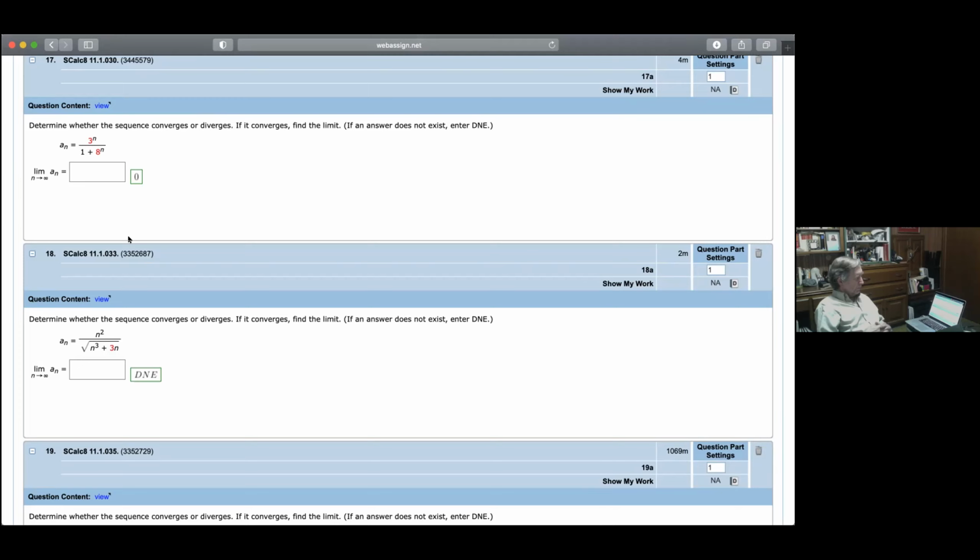That's going to go to 0. And 8 over 3 to the n, that's going to go to infinity, because remember, if r is bigger than 1, r to a power goes to infinity. That was in the stuff we did earlier today.